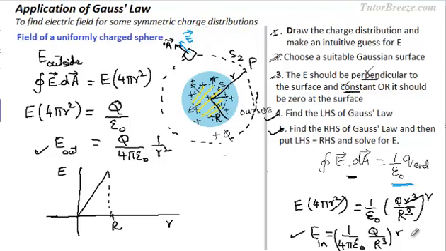Then at the surface of the sphere, the electric field is going to be 1 by 4 pi epsilon naught Q over R cube times R, which comes out to be 1 by 4 pi epsilon naught Q over R square. You can see that both these expressions are going to give us the same result, and that is the electric field at the radius, which is 1 by 4 pi epsilon naught Q over R square.